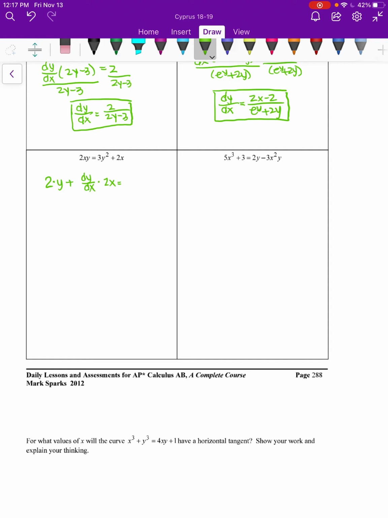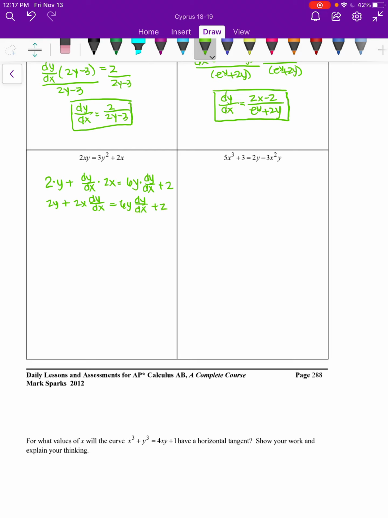Just like normal, the derivative of the outside would be 6, and then the inside is y, times the derivative of the inside, plus the derivative of 2x is 2. I'm going to rewrite this and clean it up a little bit. So we would have 2y plus 2x dy/dx equals 6y dy/dx plus 2.